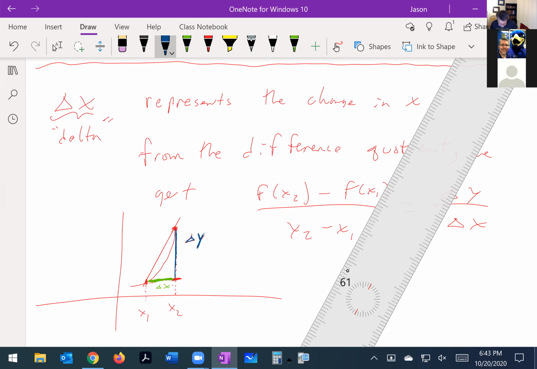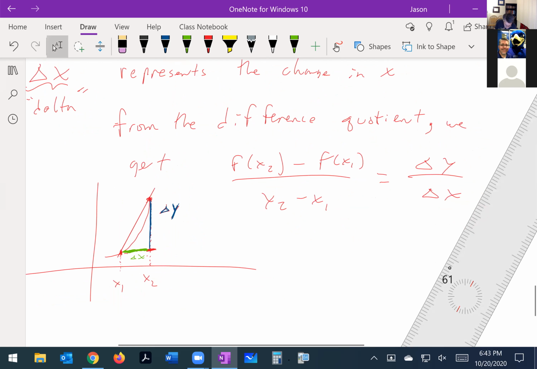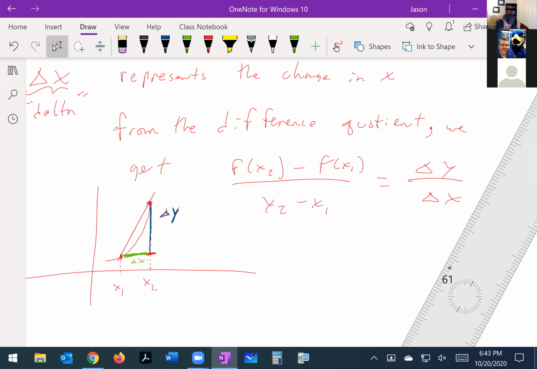So let's move that out of the way there. This implies that x2 is equal to x1 plus delta x.